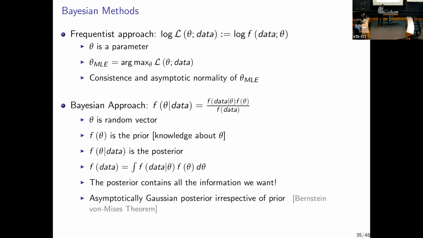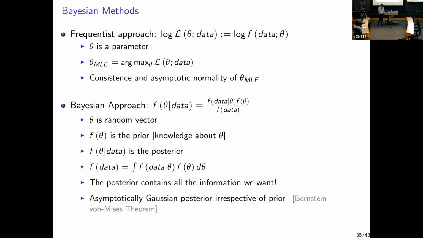Okay, it's going to be equal to the distribution of the data given the parameter times the density of the distribution of parameters, divided by the density of the data, the marginal of the data. Okay, so what is f of theta that I have in the slides? Well, that is every piece of prior information that you have about the behavior of theta. So that is your prior. Anything that you know about theta before, you codify in this f of theta.